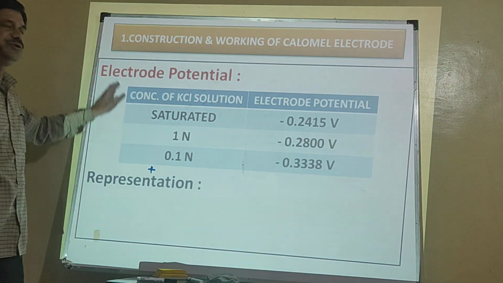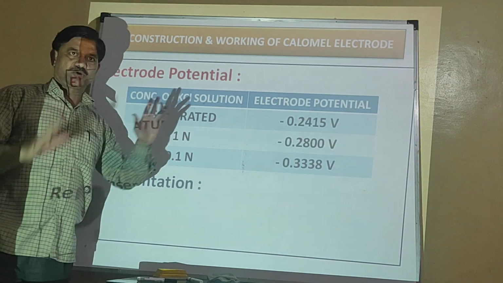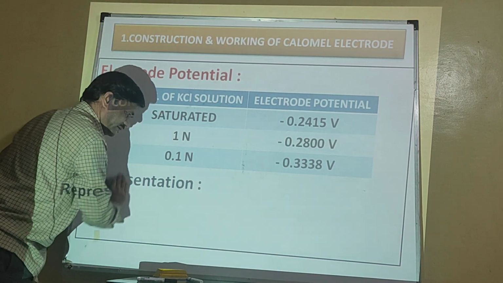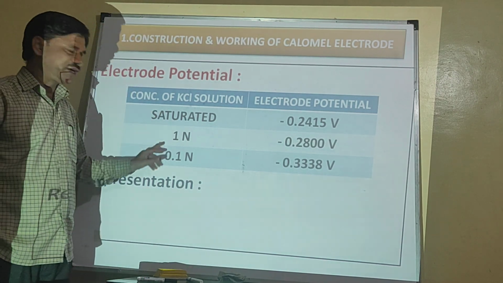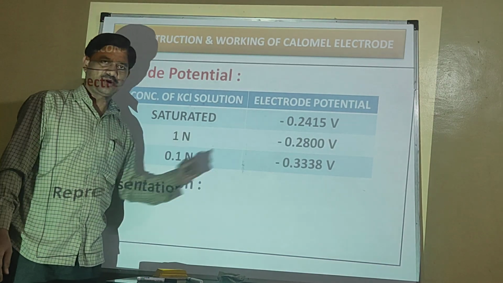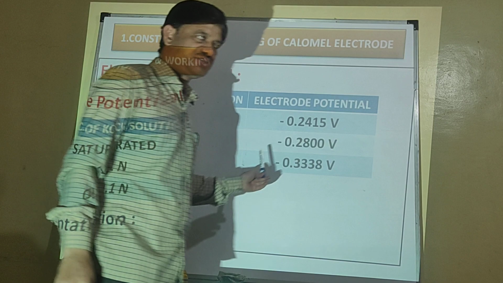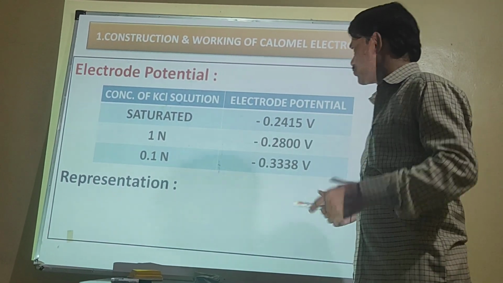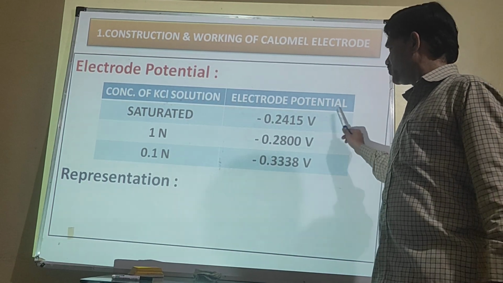What next point are we going to consider here? What about electrode potential? So remember, when we consider the concentration of KCl solution, depending upon that there is a change in electrode potential. So tell me, as per this tabular form, when we are using saturated KCl for construction of calomel, what is the potential?